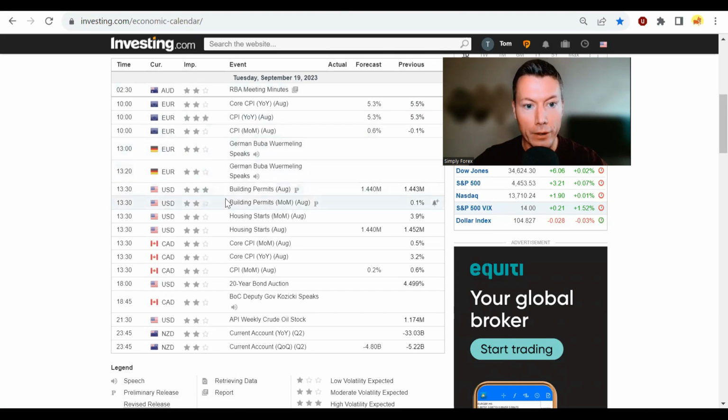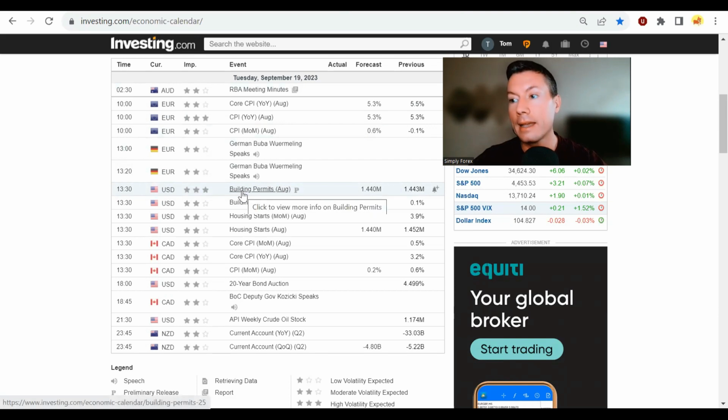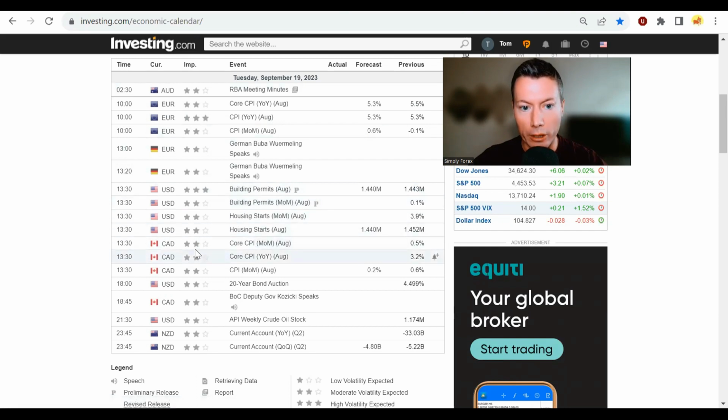If you look down further, guys, the next piece of important news is this. At 1:30 London GMT, coming out of the US, we've got building permits. Again, this could move any US dollar pairs, and we're interested in US dollar pairs. Then if we carry on down, it says a 2-star rating here, but this is CPI, this is very important. At the same time, 1:30, coming out of Canada, we've got core CPI year on year and month on month, guys.